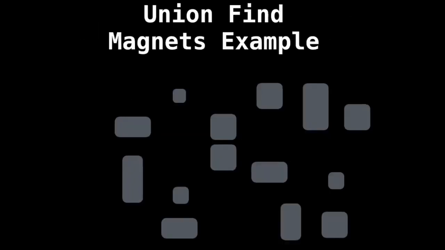So if we have this example with magnets, suppose all these gray rectangles you see on the screen are magnets. And also suppose that the magnets have a very high attraction to each other, meaning they want to merge together to form some sort of configuration.